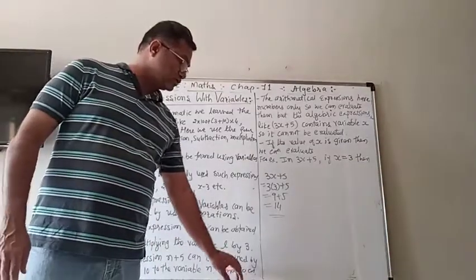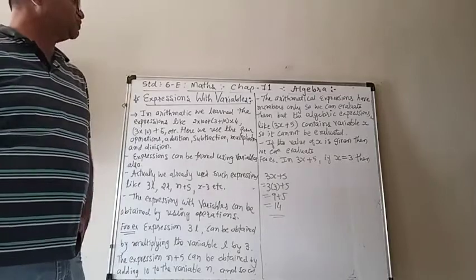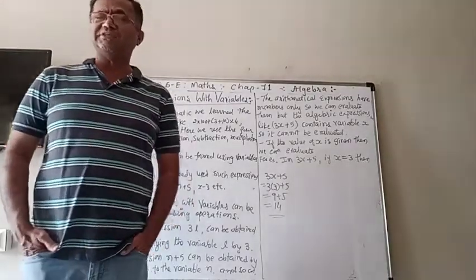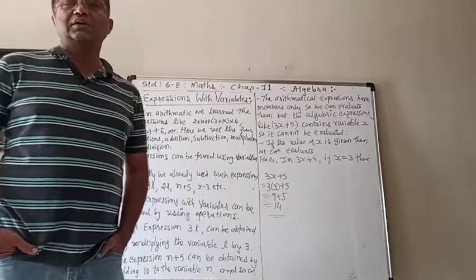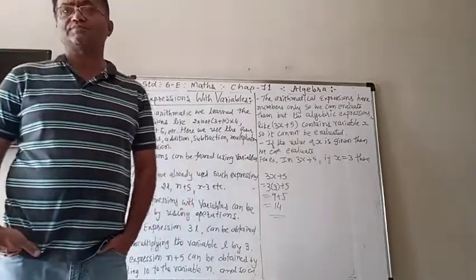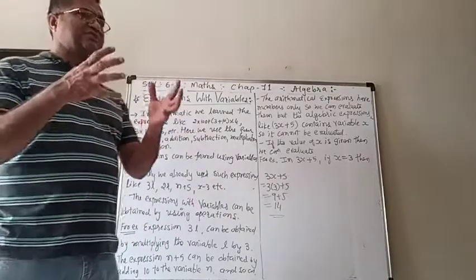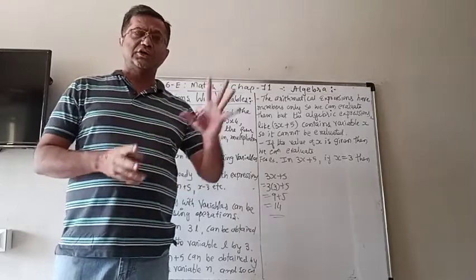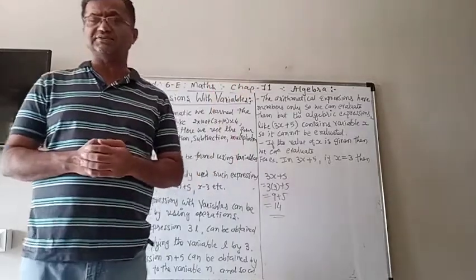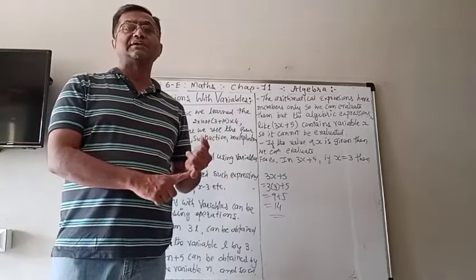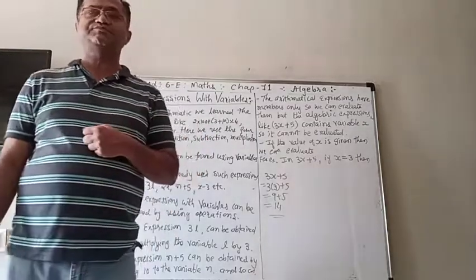Now we are going to learn about expressions with variables. In arithmetic, we are familiar with expressions. An expression is a combination of numbers using the 4 basic operations: addition, subtraction, multiplication and division.